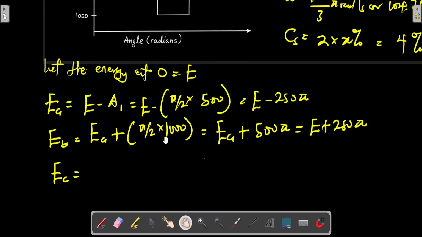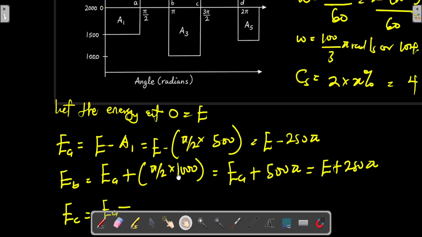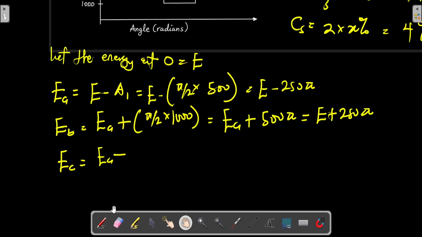1000. So the energy at C will be energy at A minus A3. And A3 will be half pi multiplied by 1000. So what do we get?